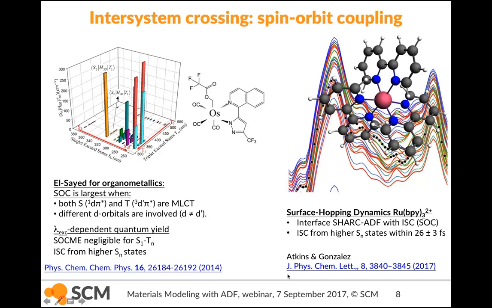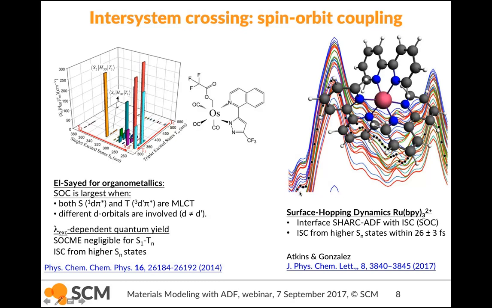So I think this is just from last month, where this group at the University of Vienna have been able to actually do dynamical calculations of the first phosphorescent OLED emitter complex, this ruthenium complex, where they have an interface between this non-adiabatic code called SHARC and ADF, where they can include spin-orbit coupling.